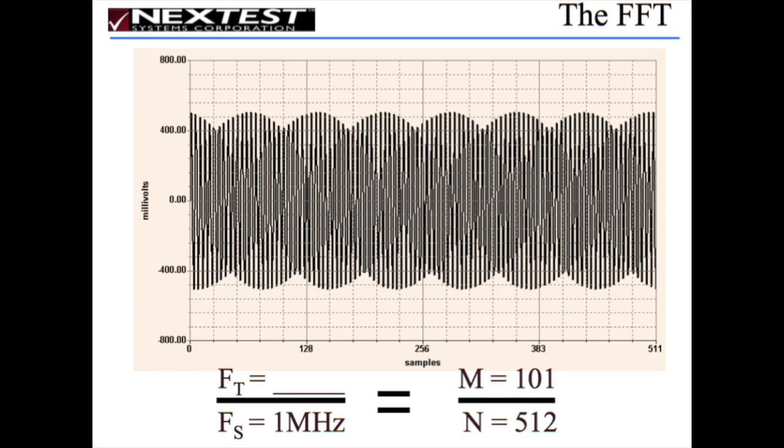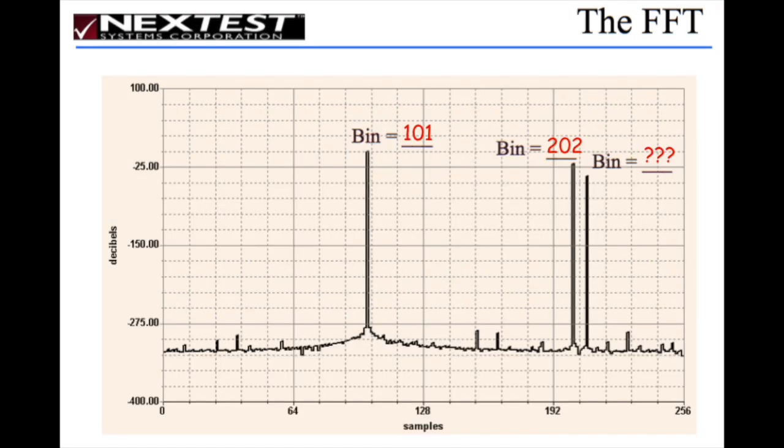So 1 megahertz times 101 divided by 512 is 197.265625 kilohertz. So that's a pretty high frequency. And then we do the FFT on it. The fundamental shows up in bin 101. What a shock. The second harmonic shows up in bin 202, 2 times 101. And the third harmonic would show up in bin 303, but we can't get to bin 303.